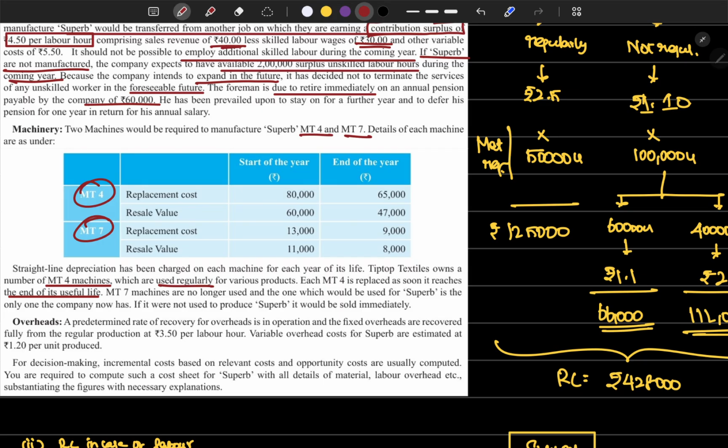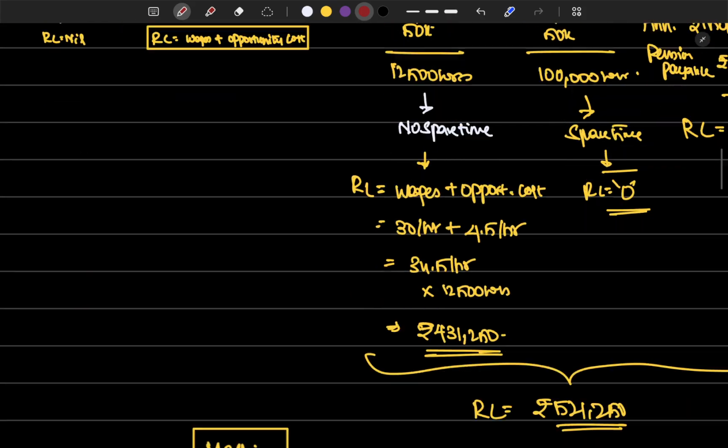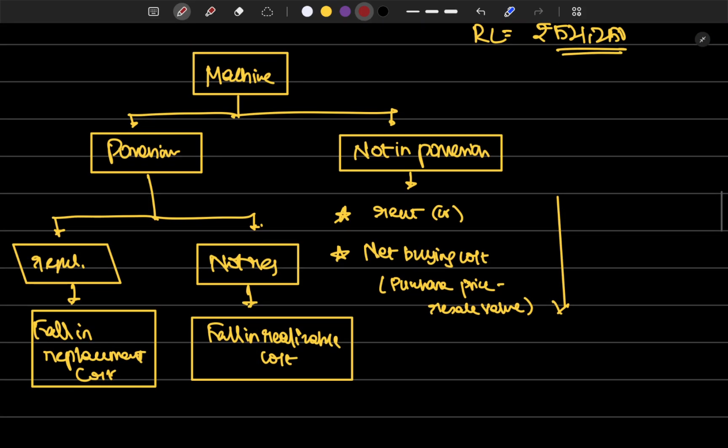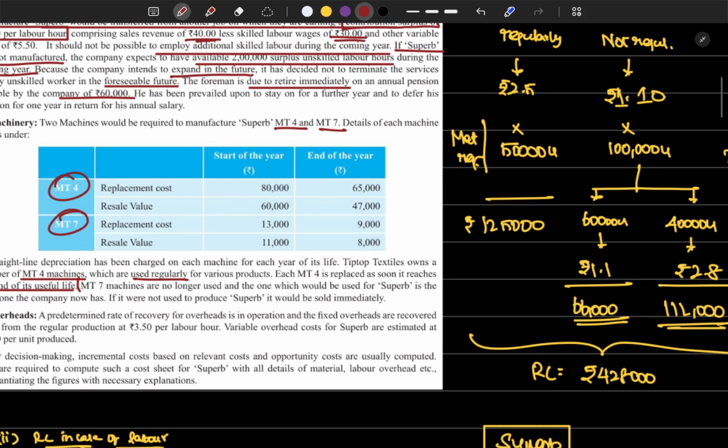So they have a machine in possession, regularly used. If it is regularly used, we have to see the fall in replacement cost. How much has it fallen? 15,000 is our relevant cost.